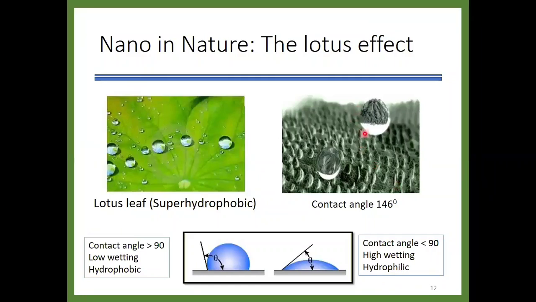And because of these spikes, the water droplet cannot wet this surface, right? And its contact angle is around 146 degrees, very high value, right? So the scientists actually tried to imitate this phenomenon, and they see whether we can make some man-made surfaces like this, which has spike-like structures.